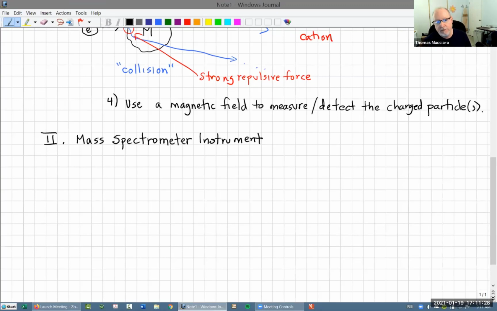One of the things that's gone on in the last 30 or 40 years is that they've developed new ways of using magnetic fields to sort the ions. But I'm going to show you the original way, okay?